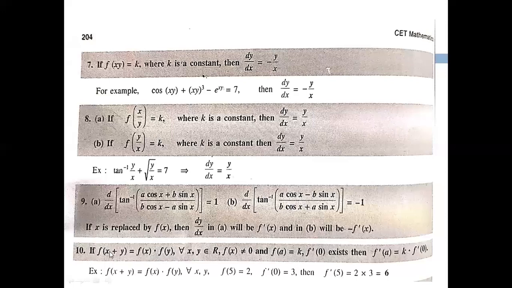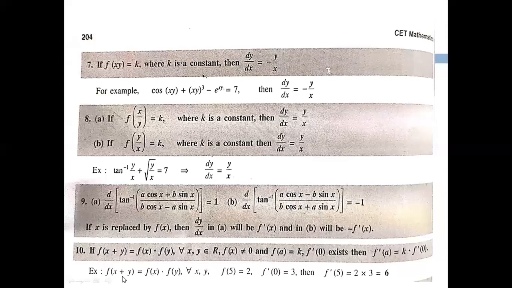Next, tenth one. If f of x plus y is equal to f of x into f of y, for all x, y belongs to R, where f of x not equal to 0 and f of a is equal to k, f dash 0 exists, then f dash a is equal to k into f dash 0.